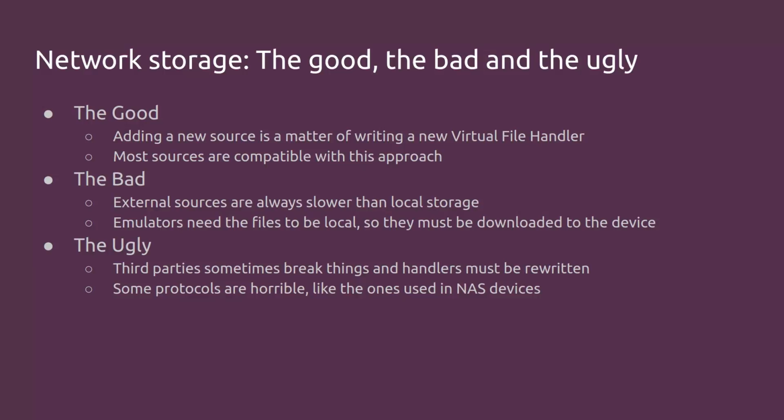I plan to create file handlers for OwnCloud and Nextcloud. I also want to create a method to use your home computer to provide the games. So you can use a simple private network to provide games to RetroX.